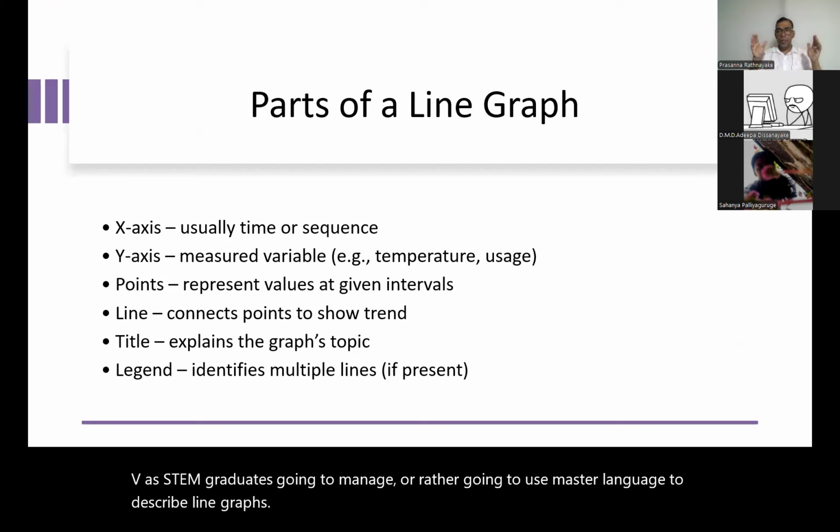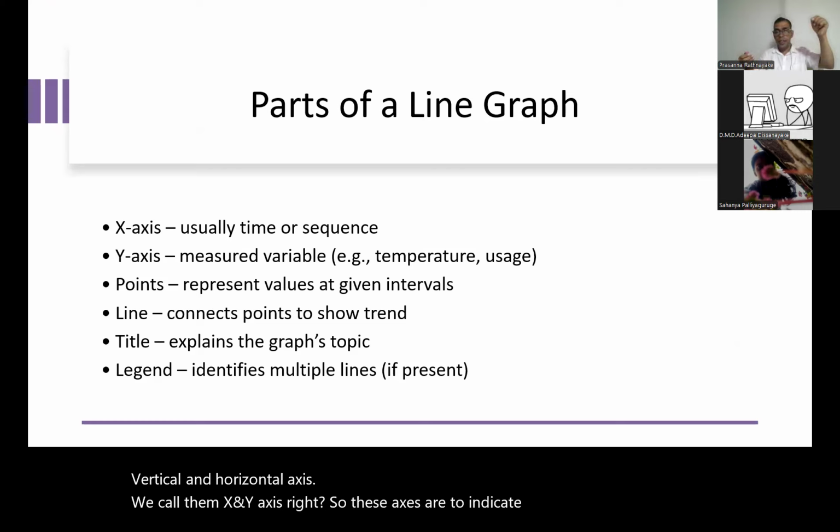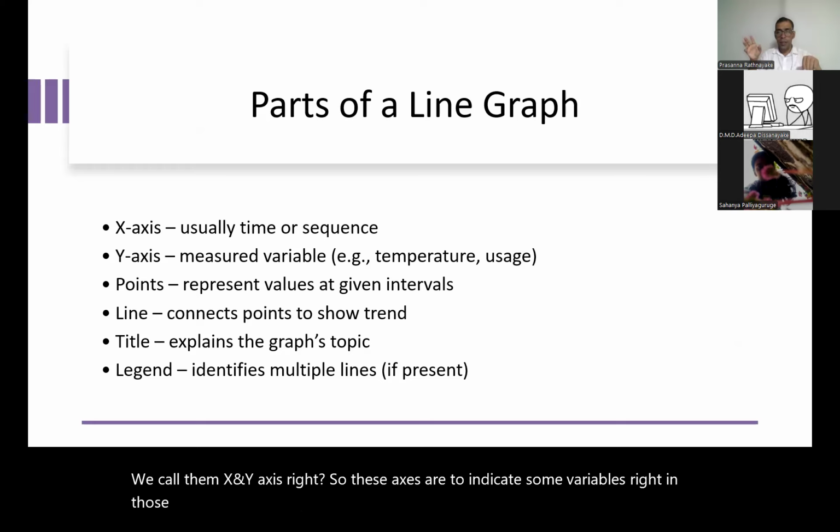So to begin with, we need to know what a line graph includes. As you all know, it has vertical and horizontal axes. We call them X and Y axes, right? These axes indicate variables.